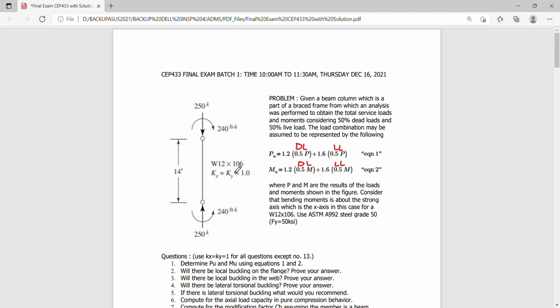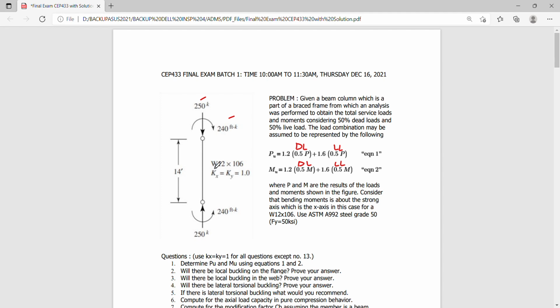So we will be guided accordingly by this load combination, where P and M are the results of the loads shown here. So this is 250 and 240. The moments are equal at both ends. Of course, the axial load is also equal to satisfy equilibrium conditions.